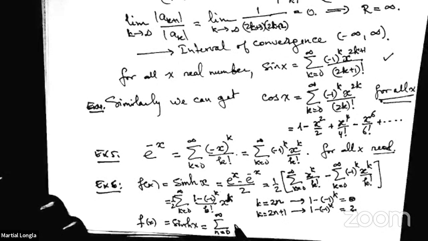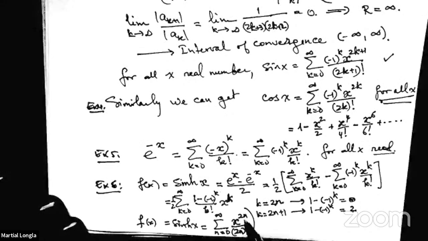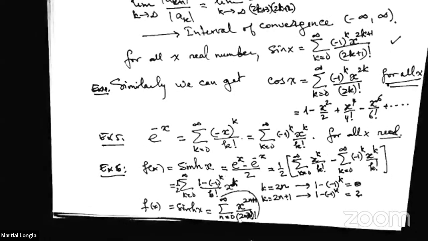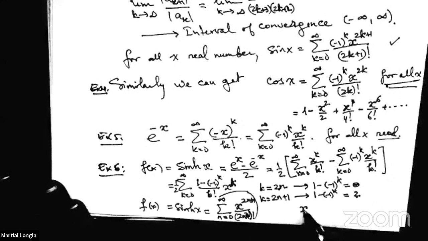That is going to be x to the power 2n plus 1 over 2n plus 1 factorial.